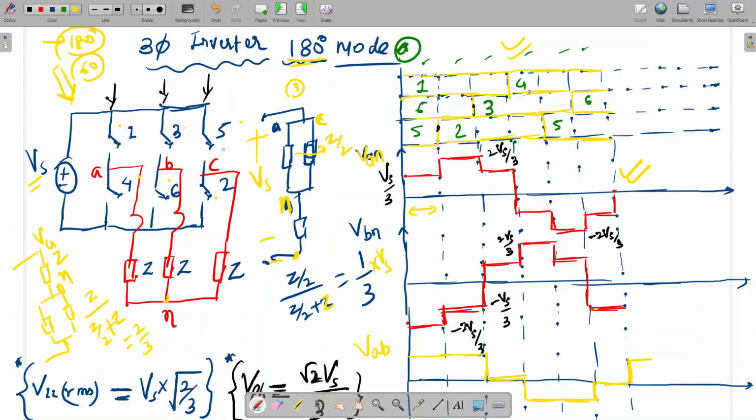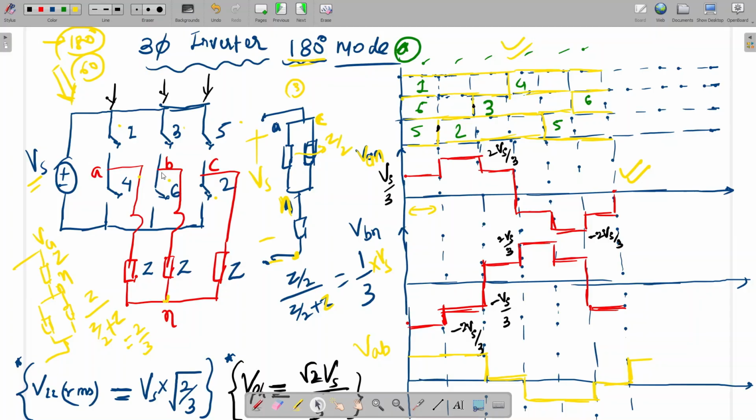See, in the first case, which switches are conducting? Switch 1 is on. Here, the first 60 degrees, 1, 6 and 5. 1 and 5 conducting means the A point and C point will be connected to plus VDC. 1 means the A point is connected to plus VDC, and 5 means the C point is connected to it.